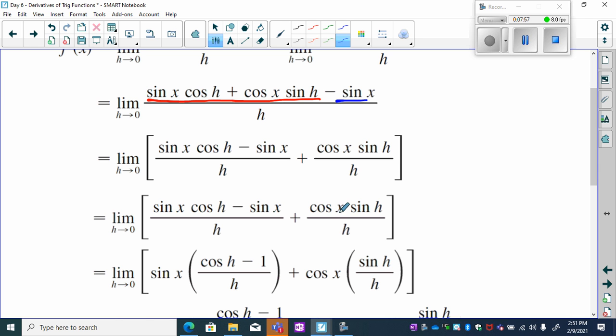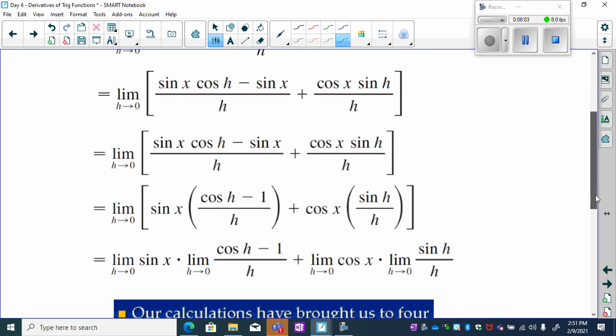I'll take a cosine x out, and it leaves sine h over h. And then I can reorganize through my properties of limits. I can write this as the limit as h approaches 0 of sine x times the limit as h approaches 0 of cos h minus 1 over h, plus the limit as h approaches 0 of cos x times the limit as h approaches 0 of sine h over h.